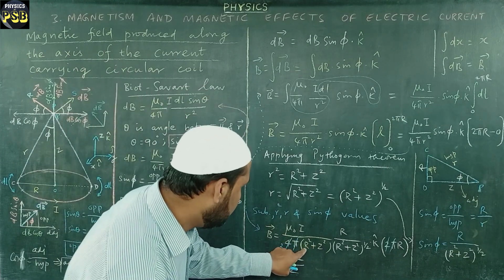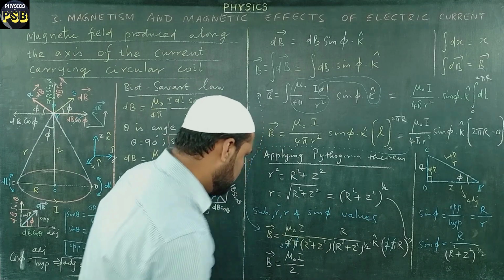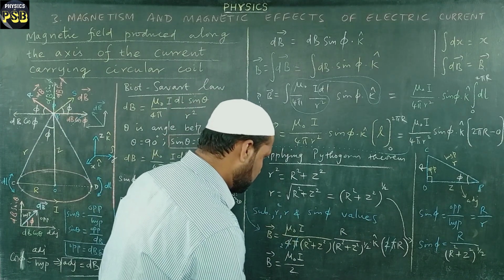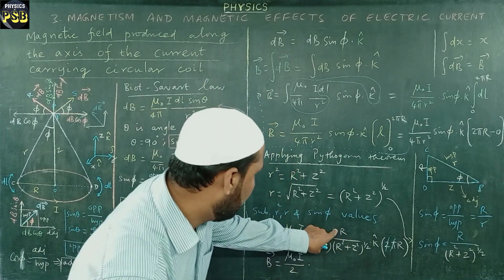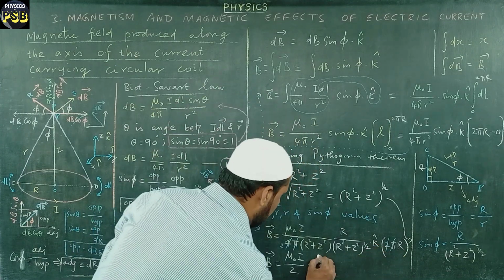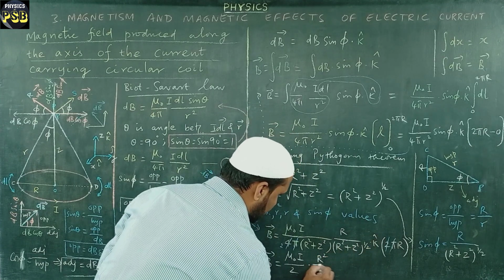Then I multiply this part with this. In the numerator, I have R, here also I have R, so R and R get multiplied and provide me R square.